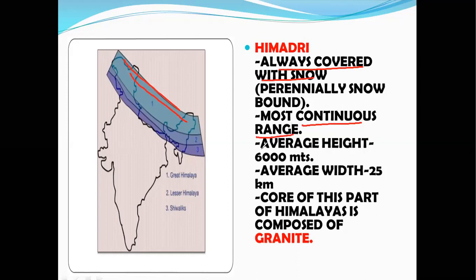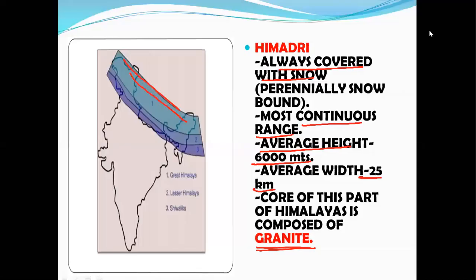The average height of mountains in Himadri is about 6,000 meters and the average width is about 25 kilometers. The core of this part of the Himalayas is composed of granite. So basically the mountains in the Himadri range are composed of granite.